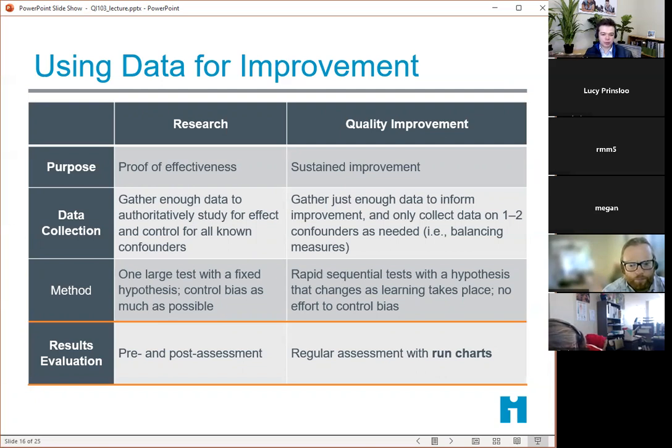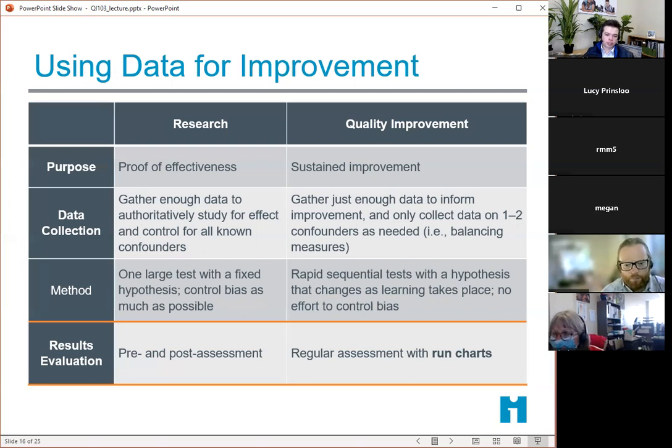But a better way to show that rather than a before and after bar chart is actually a time series. So that's what a run chart is. It's where we plot it either each individual consecutive individual on the x-axis, or we aggregate it into weeks or months or days or whatever, but we see a progression along the x-axis, and we see on the y-axis things going up and down.